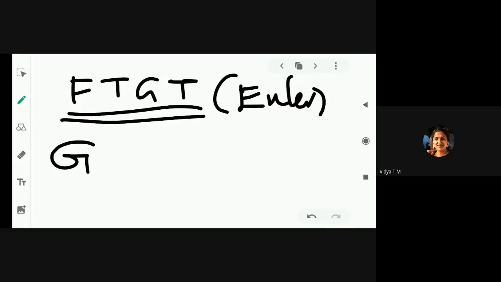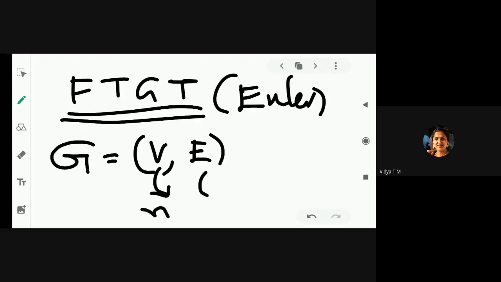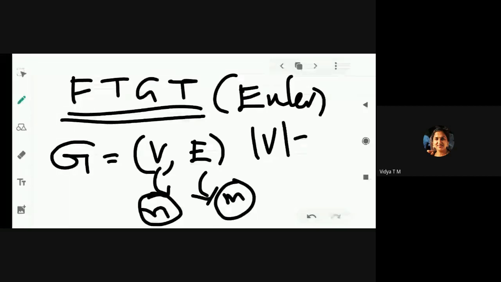But let me have a graph G with vertex set V and edge set E. Suppose there are n vertices and m edges. Usually in literature, n, the number of vertices, is called the order of the graph, and the number of edges, m, is what we call the size.